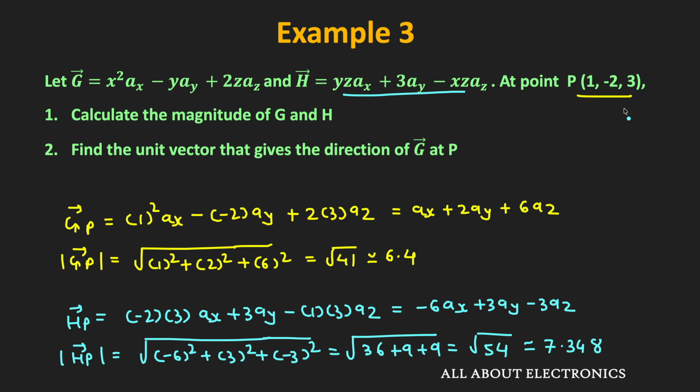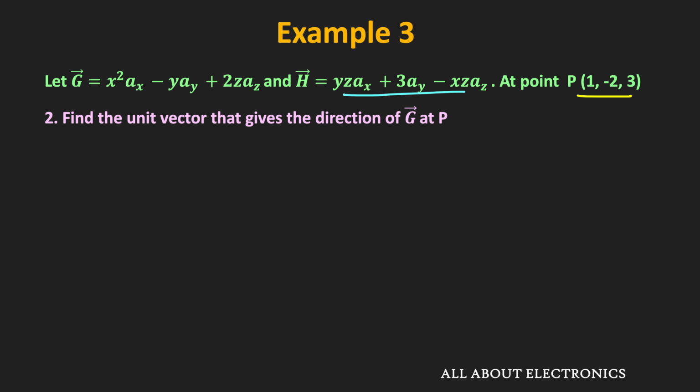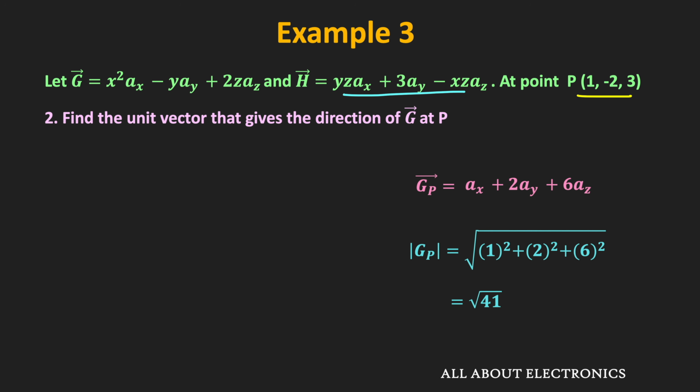So in this way, we found the magnitude of this vector field g and the h at this point P. So similarly, for this vector field g, let us find the unit vector at the point P. So we already know that this vector gp is equal to ax plus 2ay plus 6az. And we also know the magnitude of this gp, that is equal to square root of 41. That means now, the unit vector in the direction of the vector gp is equal to the vector gp divided by the magnitude of this vector gp.